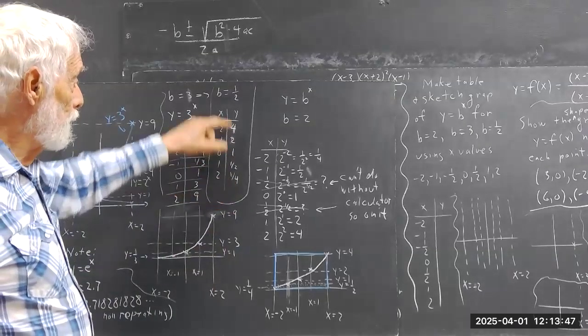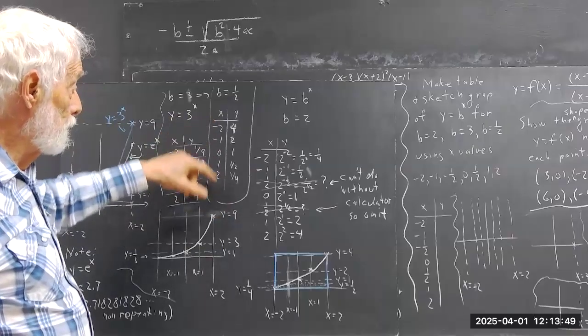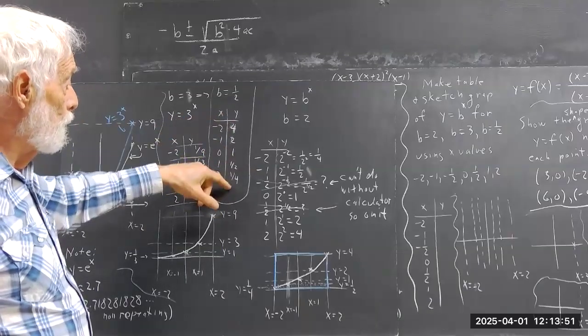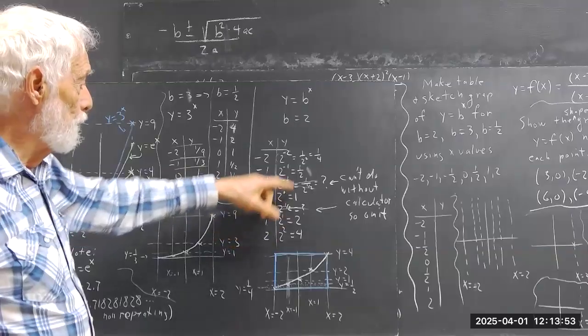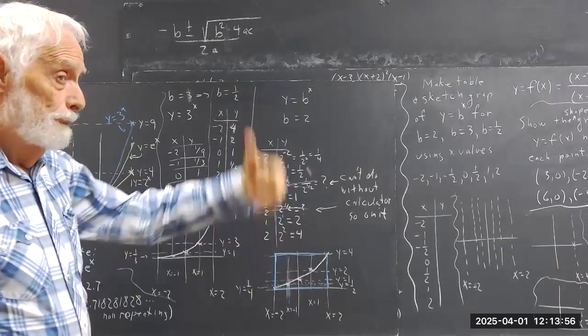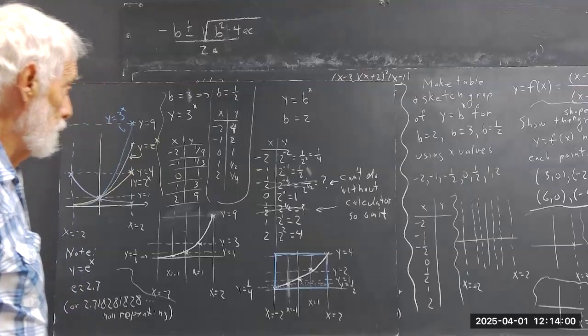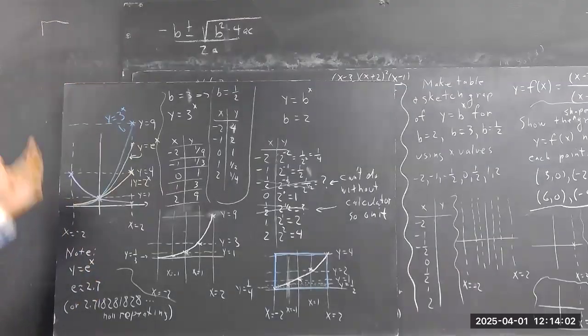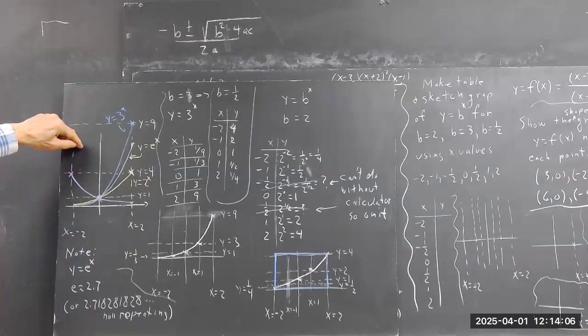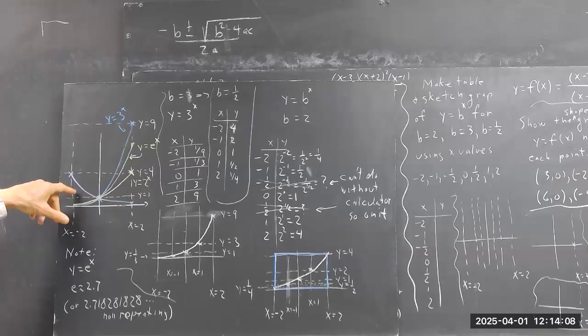Because the y values are the same values of x, equally spaced. The y values are going to be the same as the y values over here but in reverse order. Okay, so f of negative x would equal f of x or whatever. I don't want to write that down. I don't want to confuse the issue, but there you have it.